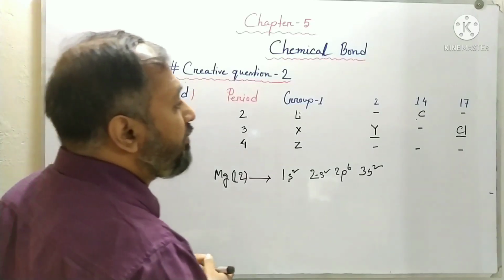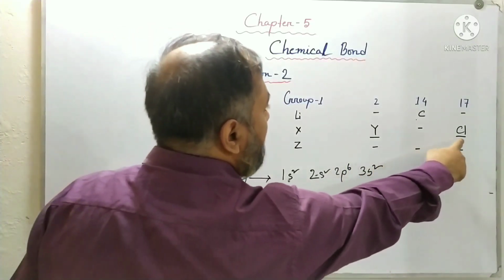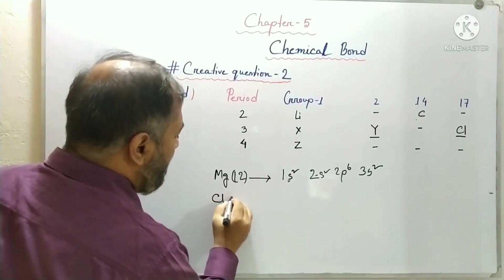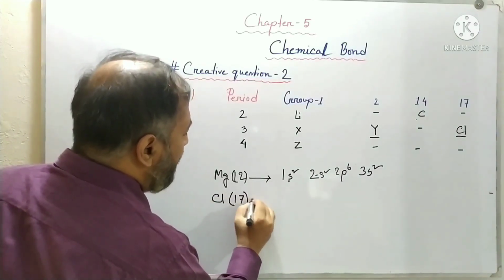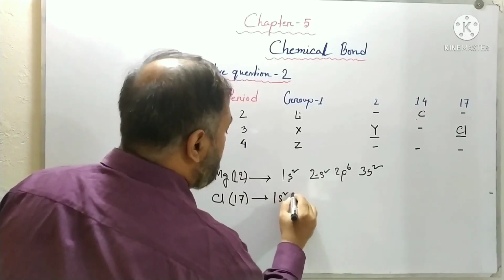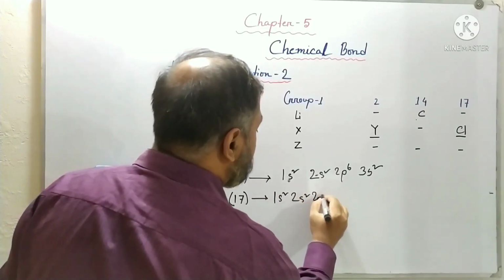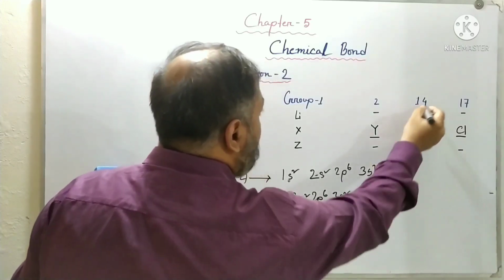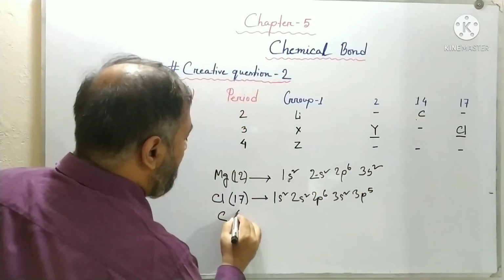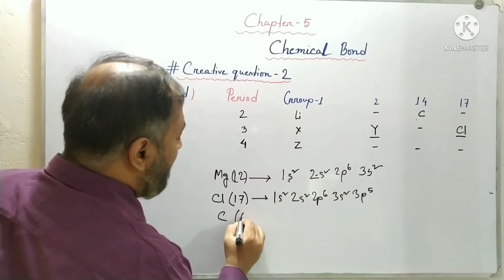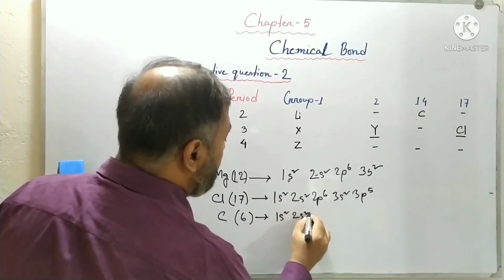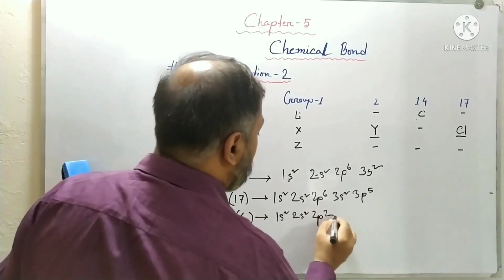And now come to the second element, which is chlorine. The electronic configuration of chlorine, we know, is 1s2, 2s2, 2p6, 3s2 and 3p5. And for the element carbon, the number of electrons present is 6, that means 1s2, 2s2 and 2p2.